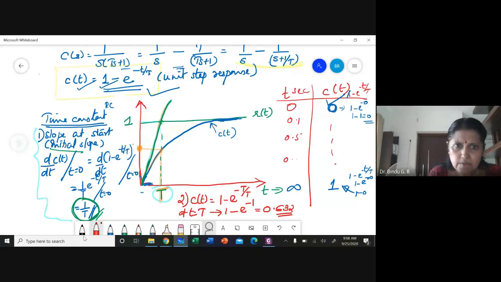So this value is 0.632, which means time constant can also be defined as the time taken by the system response to actually reach 63.2% of the final value. Write down. You can write this equation. Please write this equation and then I'll dictate.